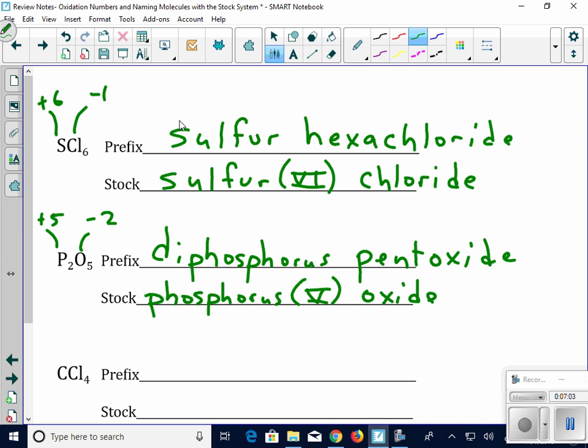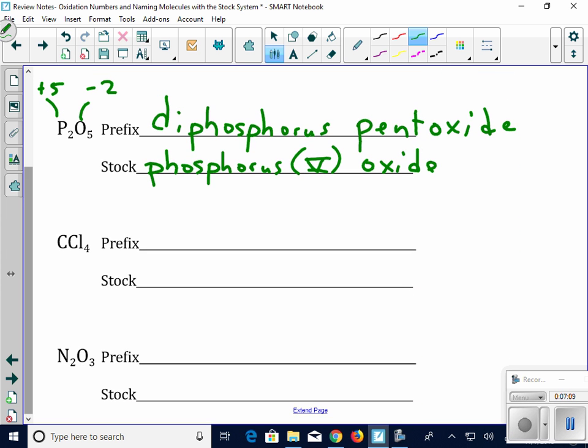Okay. For the last two, we'll do the prefixes. This one is CCl4, so I have carbon. I do not put mono on the first one. Carbon tetrachloride.